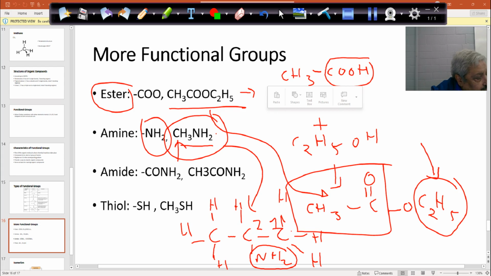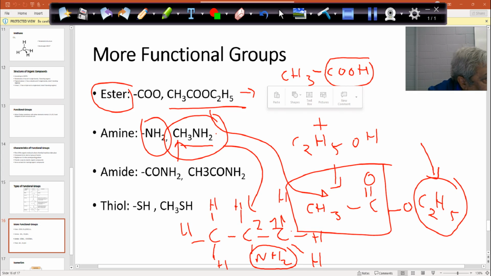The skeleton or main structure is made of three carbons, and the second carbon of this backbone has the amino group connected. So you have to designate the location of the amino group. Is it on the first or the second? It's the second. So this will be 2-aminopropane.